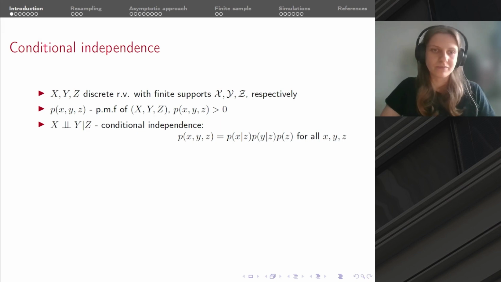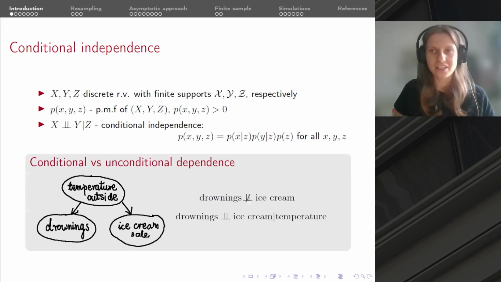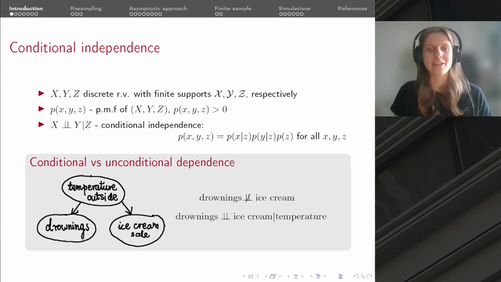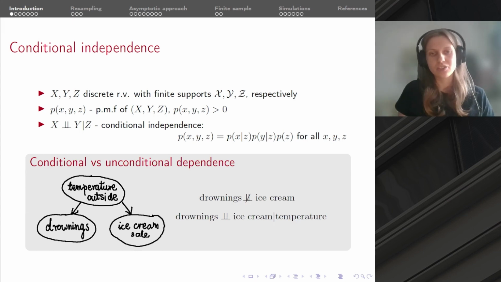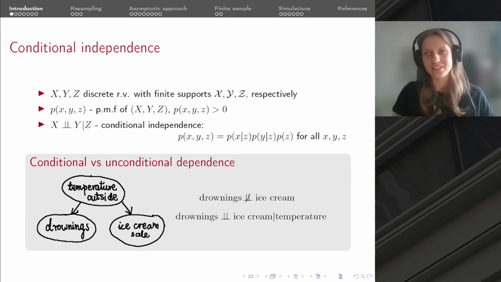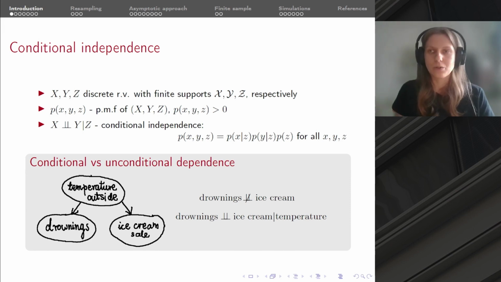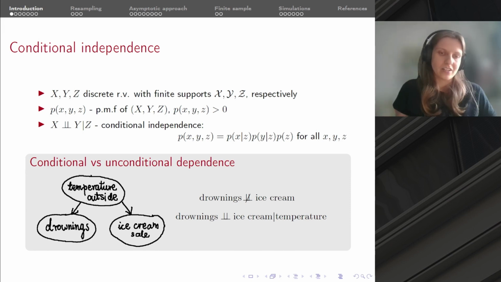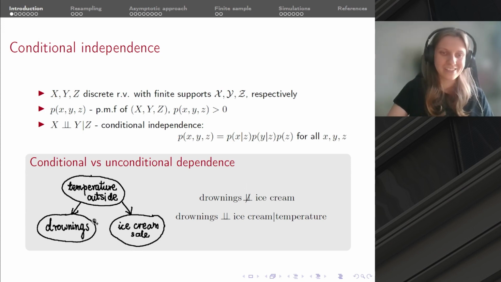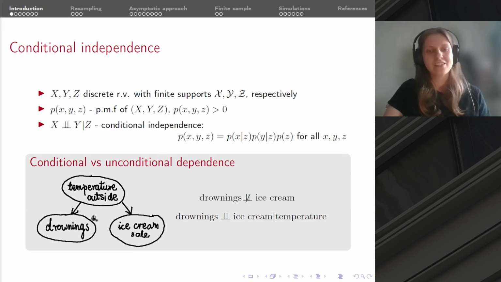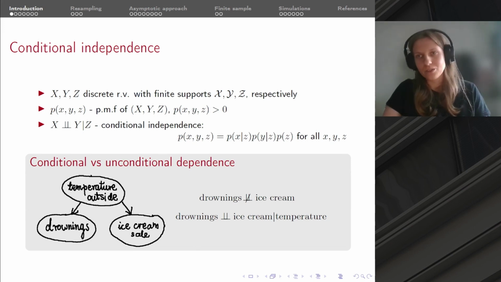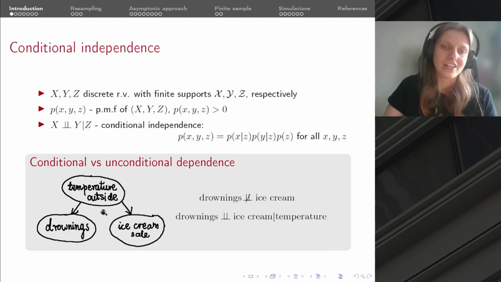And just to give you some intuition on that, I prepared a very easy example where conditional and unconditional dependence or independence are not the same. When the temperature outside is high, when it's summer, many people go on holidays and spend time swimming in the lakes or seas, and there are some cases of drownings during that time, and also we eat many ice creams during the summer.